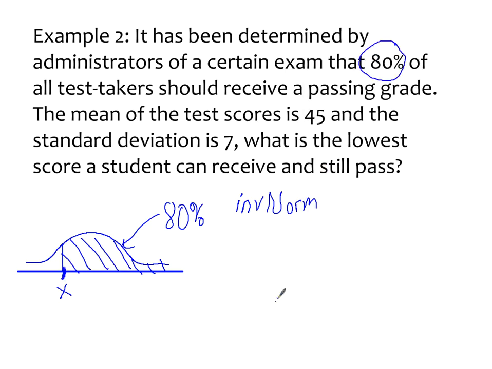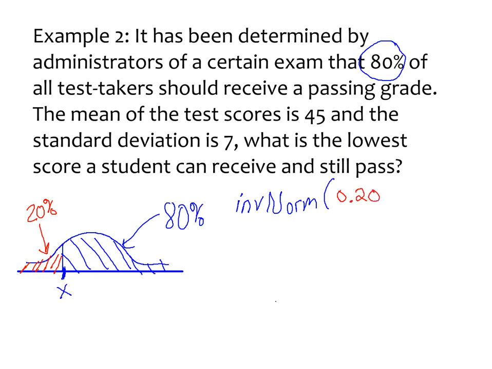And let's break that down a little bit. So again, what I care about, let's label the area I care about as this. This is 20%. And so in my inverse norm, that is what we need to include because the inverse norm begins at negative infinity.